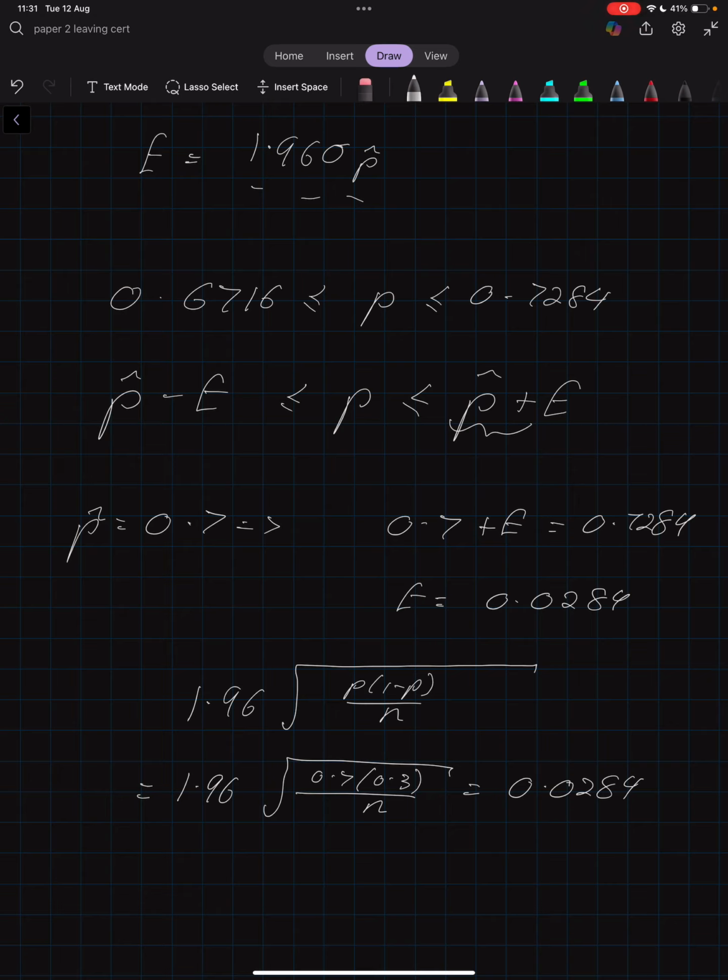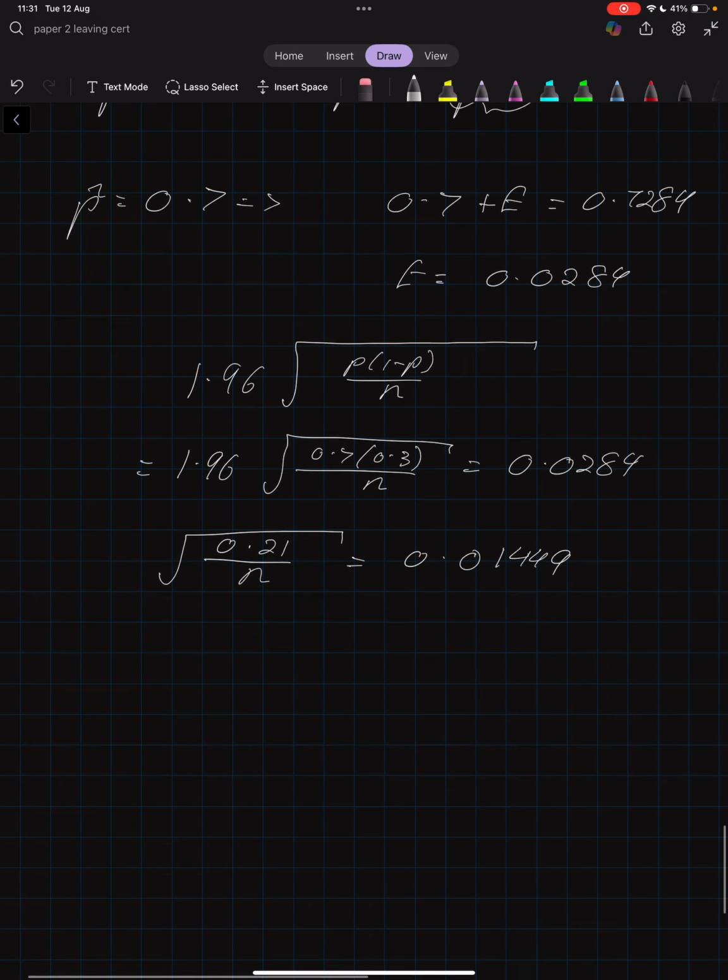Okay? Divide both sides by 1.96. I'm going to get that the square root of 0.21 over n is equal to 0.01449. I can now square both sides and get 0.21 over n is equal to 0.000209954.